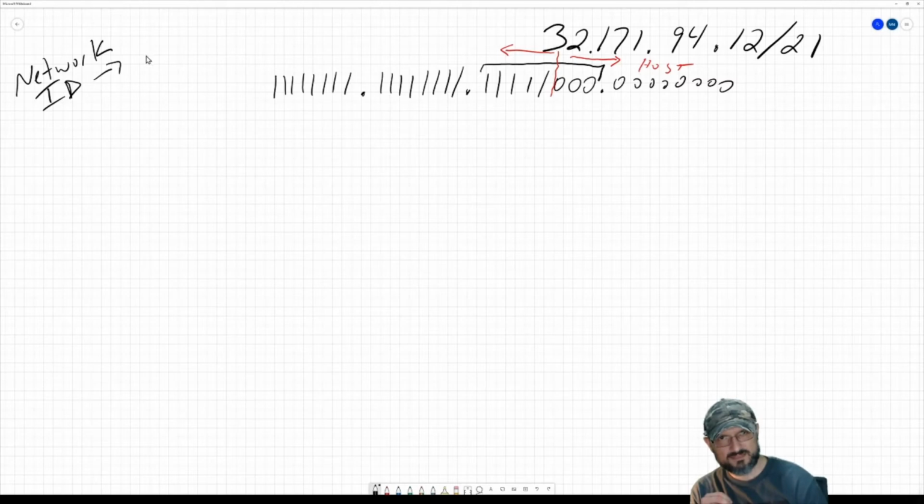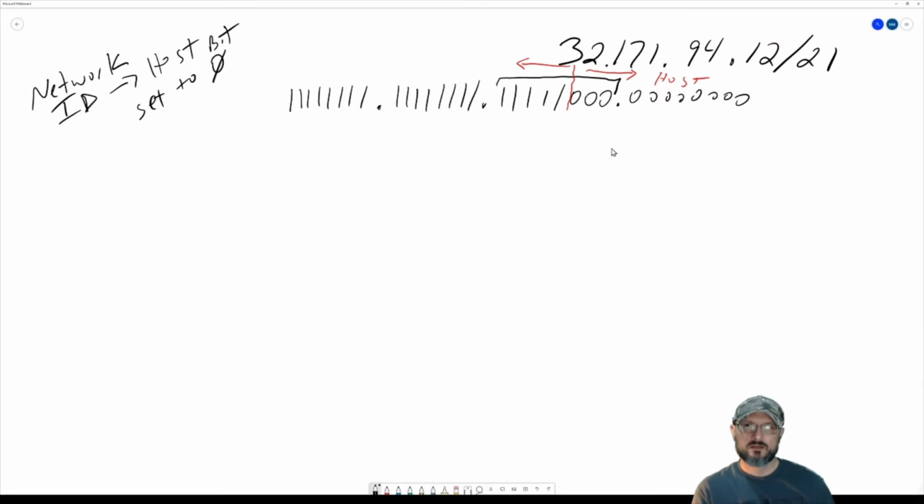This means that every host bit will be set to 0. Because the subnet bits meet the mask bits here, that's the important part, we can carry down the 32.171, and this is going to be the octet that we change, right?